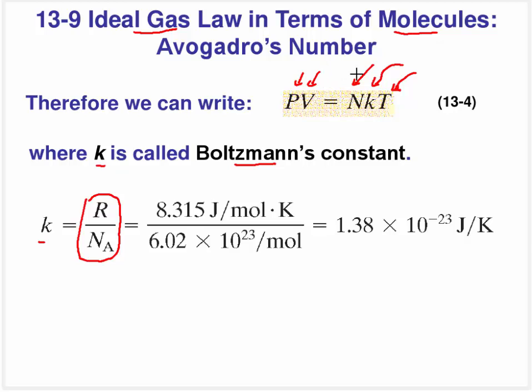And so this allows us to write the pressure, volume, and now the number of molecules or atoms. If you're given a problem where you're given the number of molecules or the number of atoms, this is the form of the ideal gas law that you want to use.